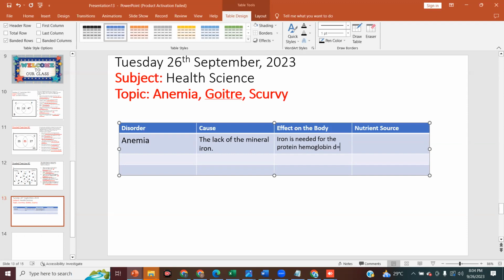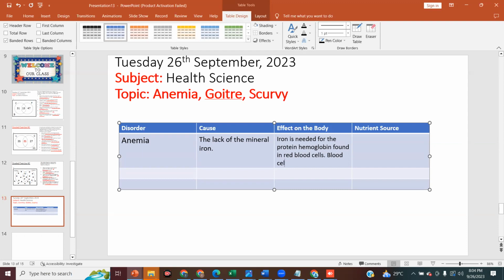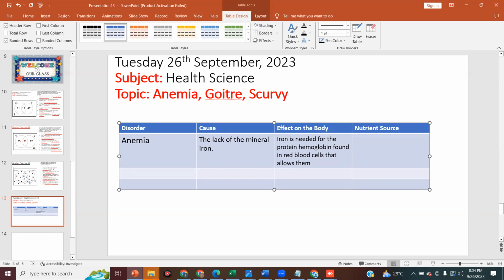So iron is needed for the protein hemoglobin found in red blood cells that allows them to transport oxygen.